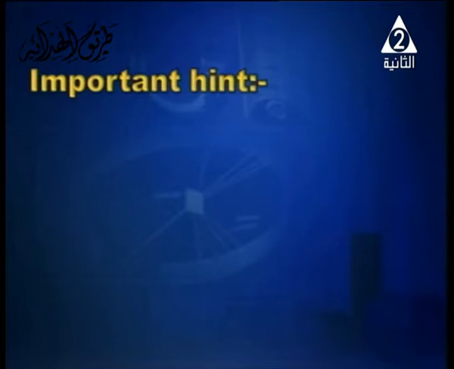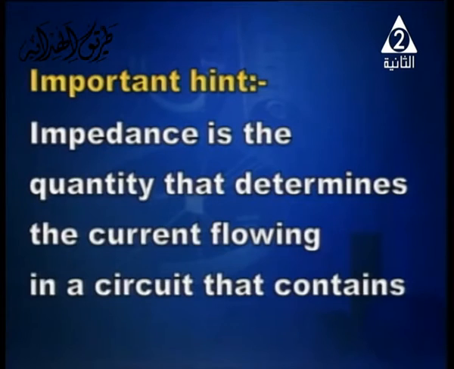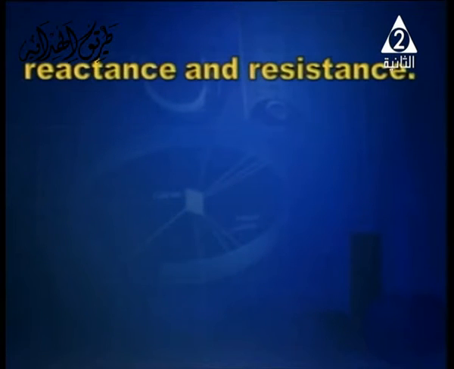Important hints here. We've got something important to bear in mind. Definition of impedance: it is defined as the quantity that determines the current flowing in a circuit that contains reactance and resistance.